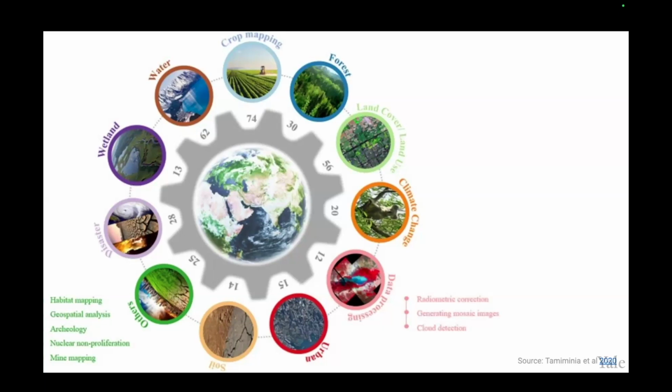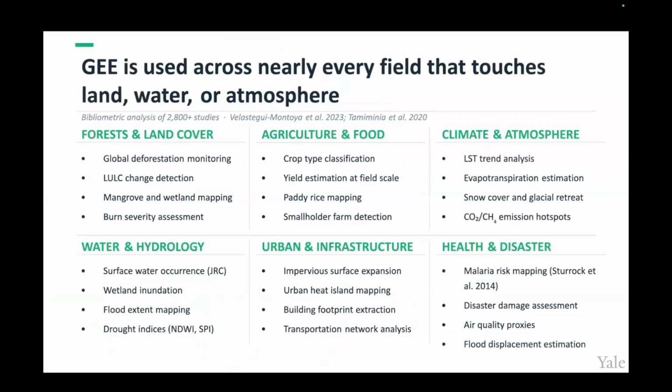You can see crop mapping, forest, water, wetland, climate change, public health. When we cover some of these key topics, we try to pick a few examples that cover the main applications covered in this workshop.